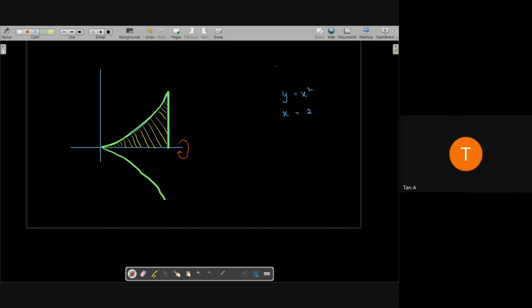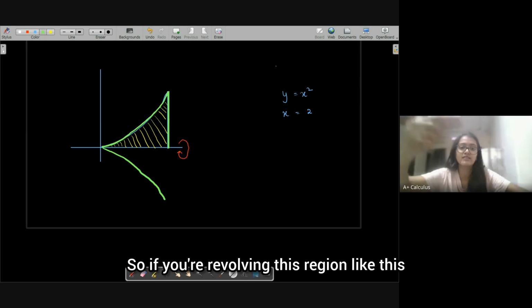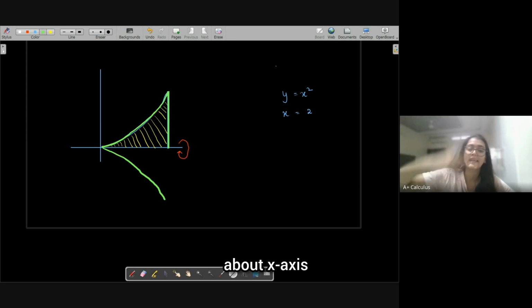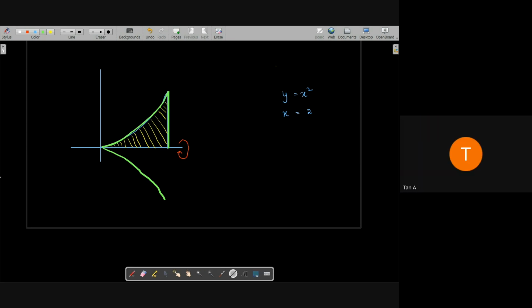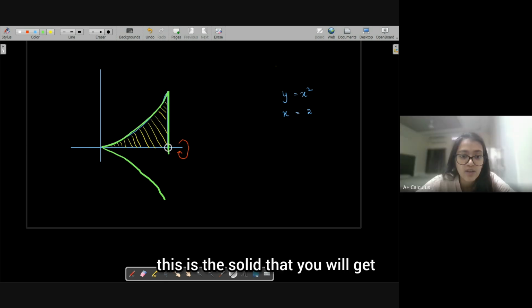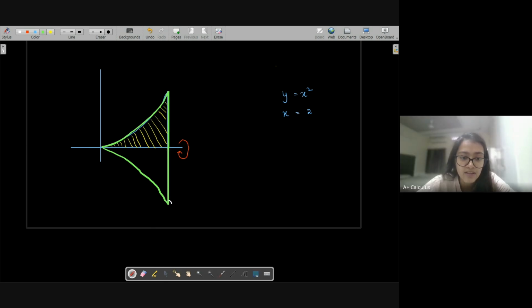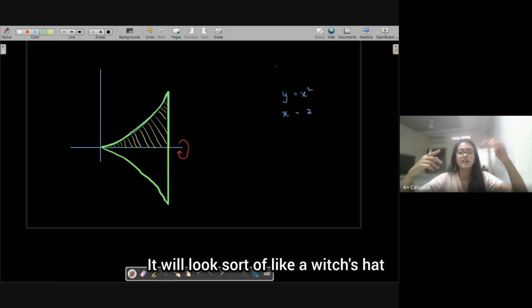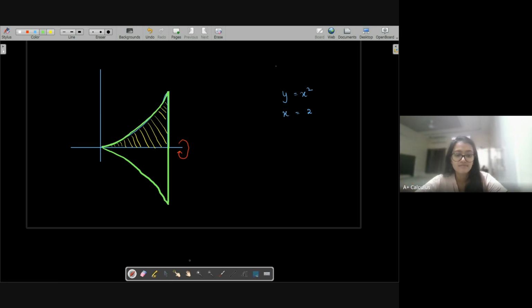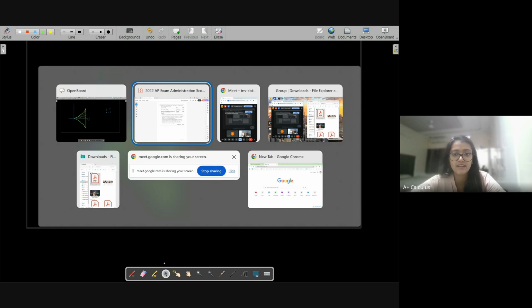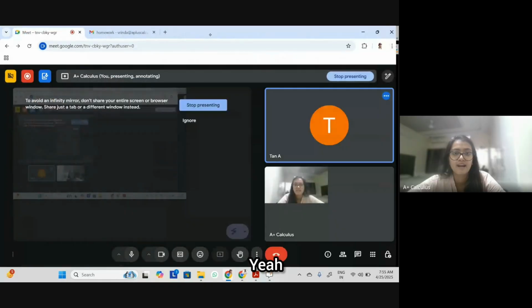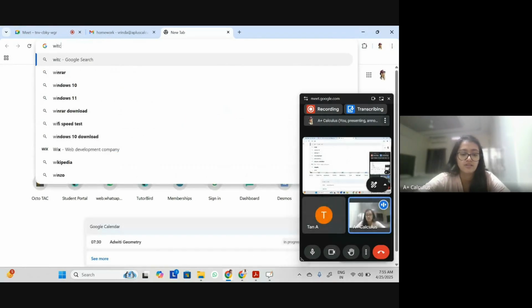What shape? If you're revolving this region about the x-axis, this is the solid that you will get. I hope you can imagine this. It will look sort of like a witch's hat. Have you seen a witch's hat?